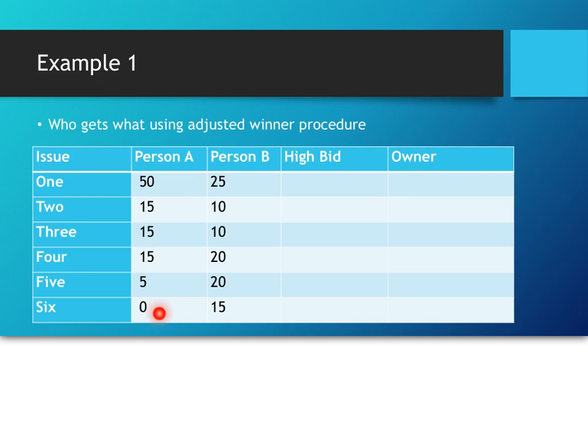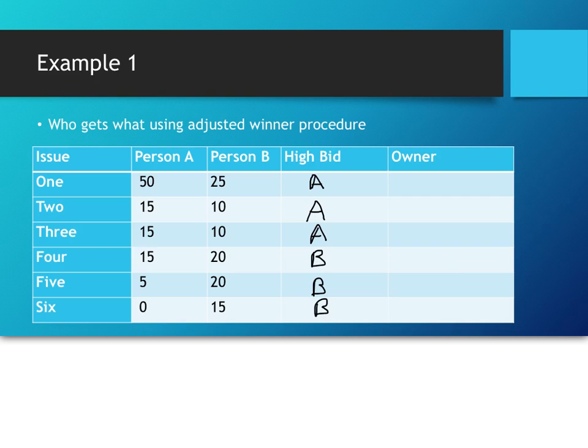And they really don't value issue number 6 at all. For each item, we just say who is the high bid. Person A is obviously the winner here. A wins, then B wins, B wins, and B wins.